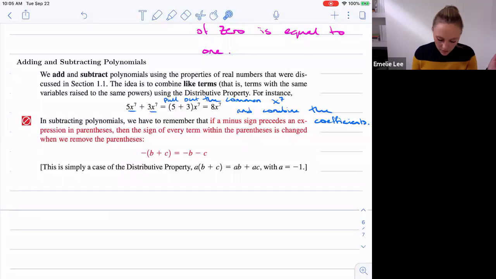If you've got a minus in front of parentheses, then you have to bring that minus inside when you expand the parentheses. So negative b plus c is the same as negative b minus c. And that's going to be important.